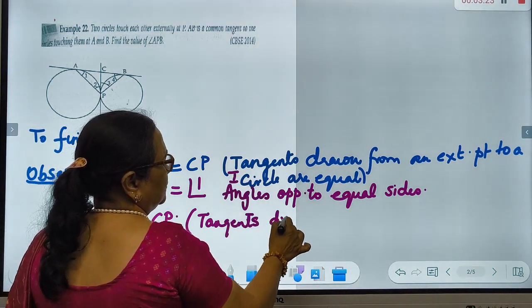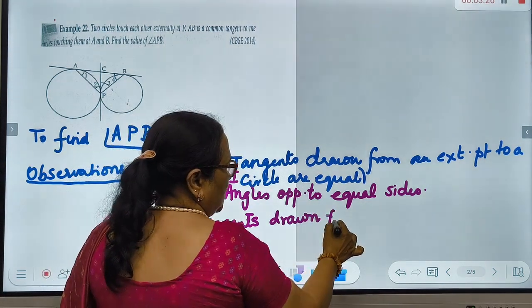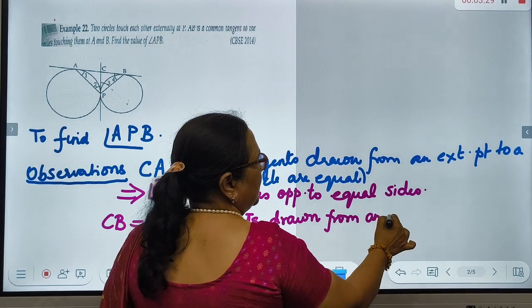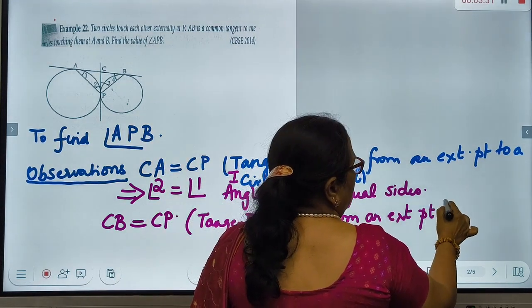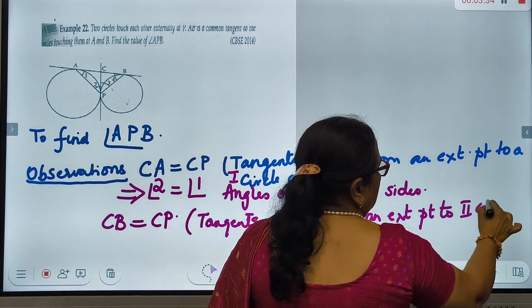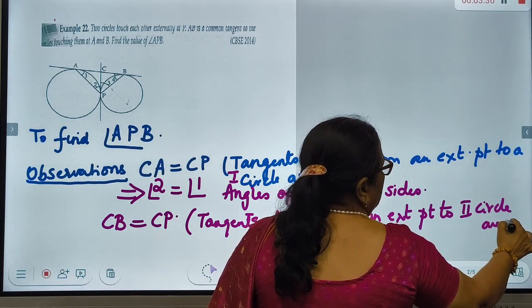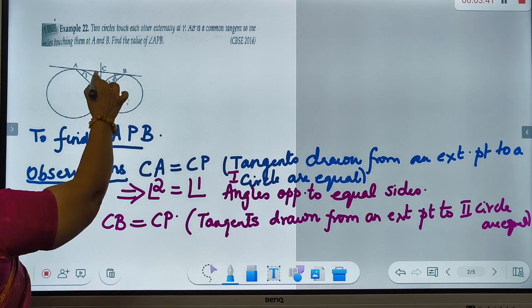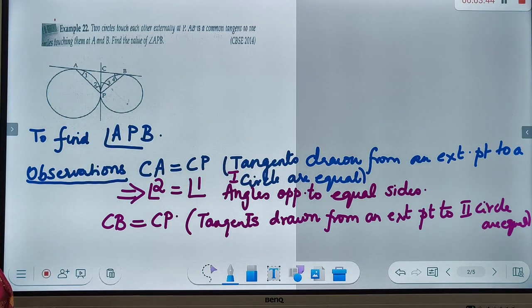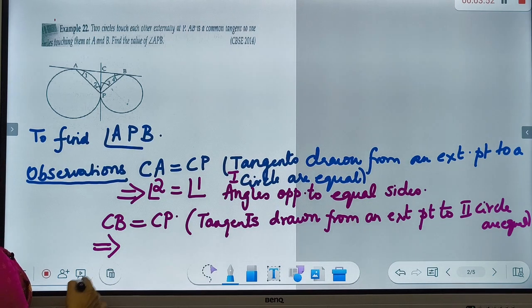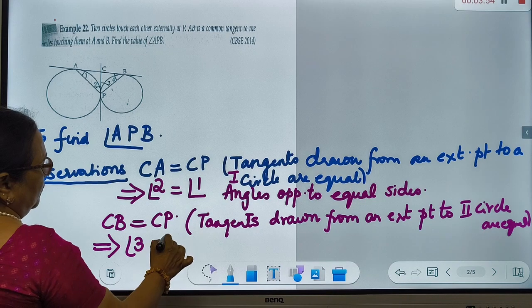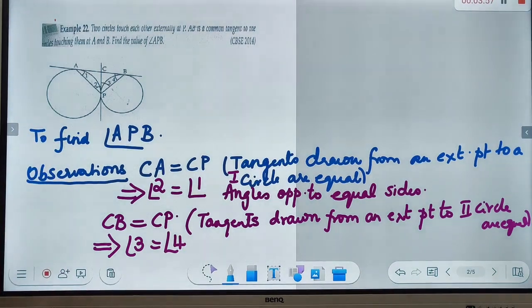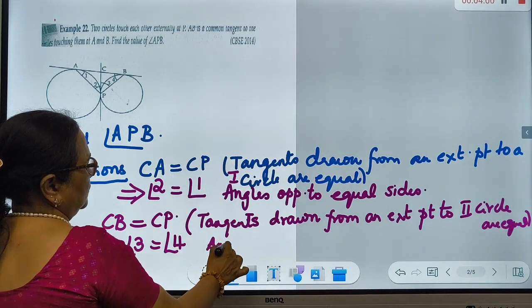Tangents drawn from an external point to the second circle are equal. Now again in this triangle CBP, if two sides are equal, angles opposite to them will be equal, which implies angle 3 equal to angle 4. Angles opposite to equal sides.